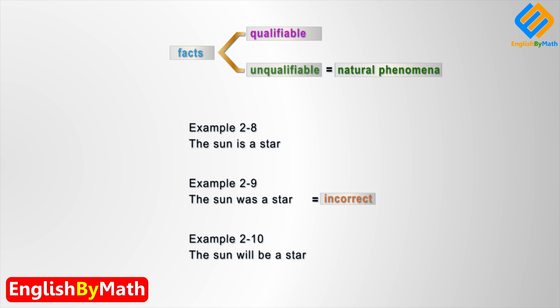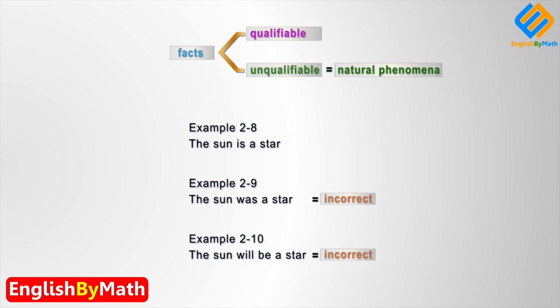The sun will be a star. Example 2.10 means that the sun is now a planet and will become a star sometime in the future. This is also incorrect because the sun is actually a star.